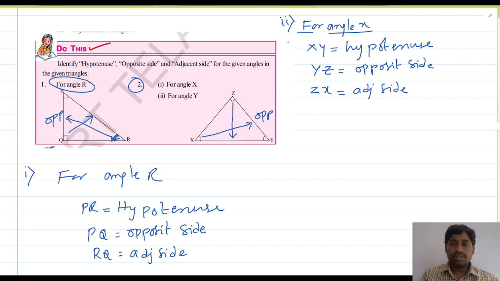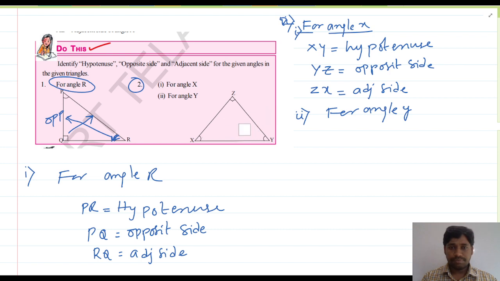Next, in the second one, for angle Y, if you observe properly, let me erase this so that you can get some clarity. For angle Y, the hypotenuse is the same, that is XY, because the side opposite the right angle is called the hypotenuse.